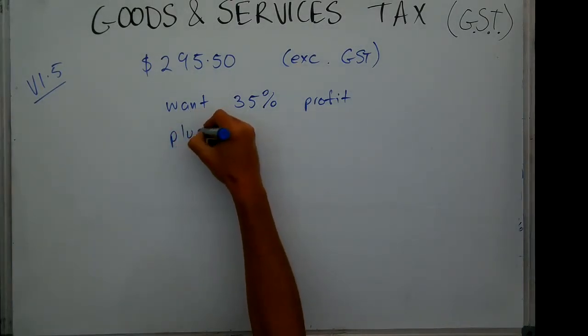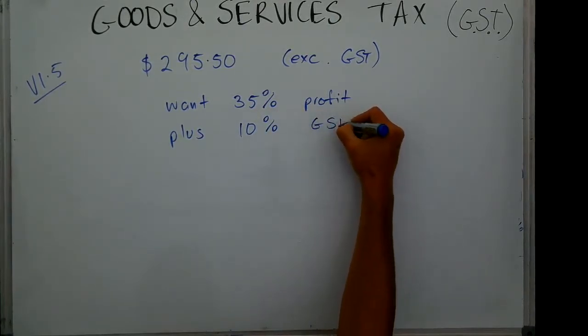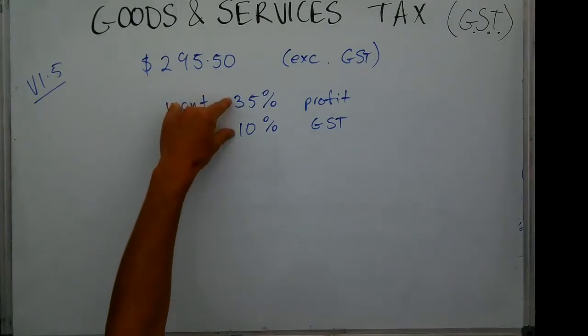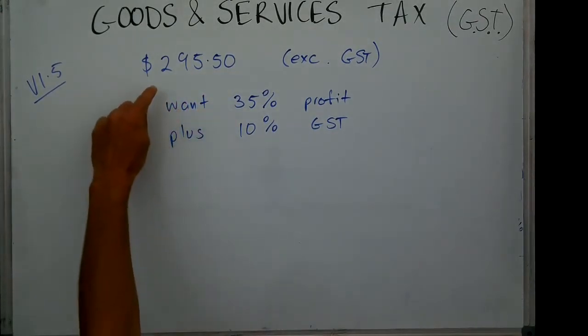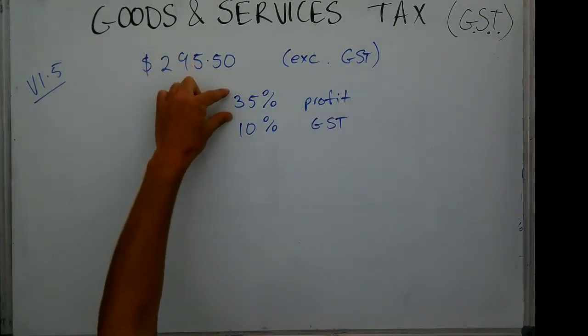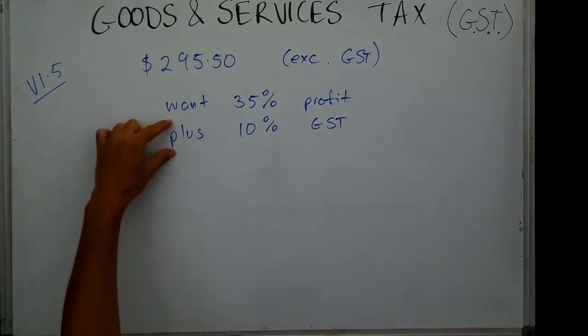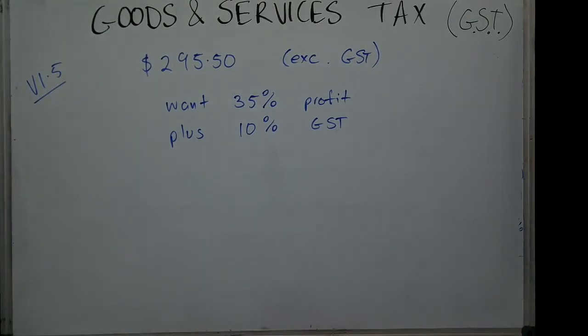Right, so what we need to do, we can't add these together. So we need to increase this by 35%, and that will account for the profit. And then we need to increase the result we get by 10%.